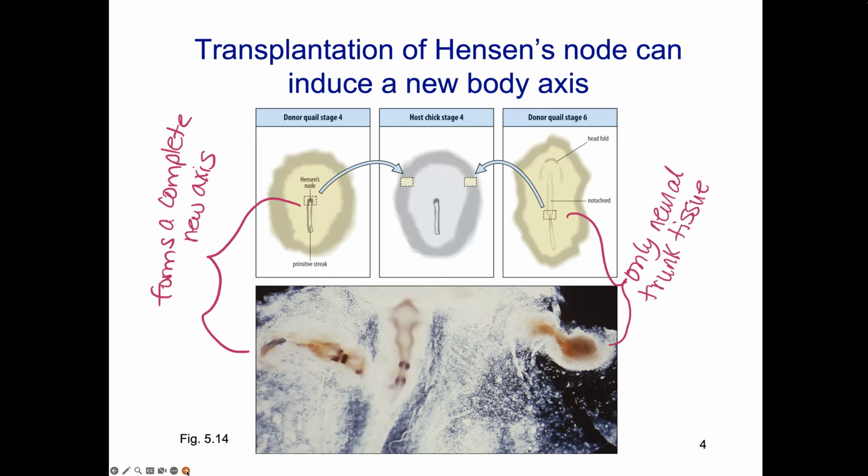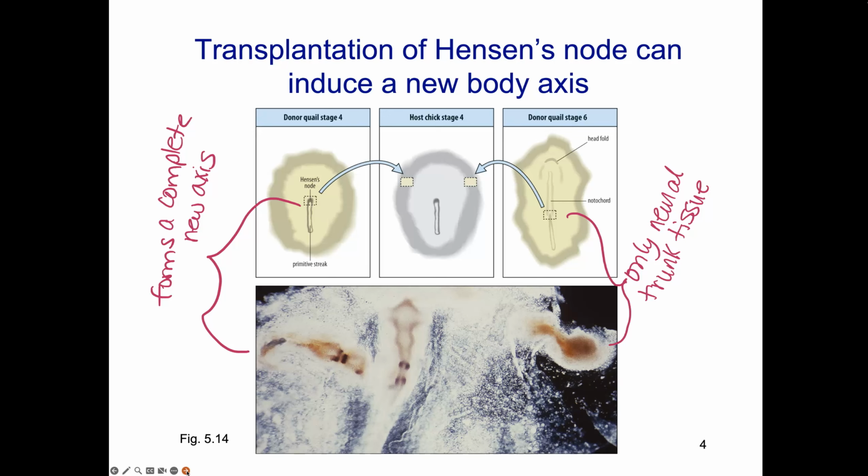So we talked, I think it was in the last lecture, about being able to transplant the posterior marginal zone and have it induce a new primitive streak, a new gastrulation, as long as the transplanted zone was in a young embryo, where the primitive streak really hadn't gotten going yet, because there is this sort of inhibition that takes place.